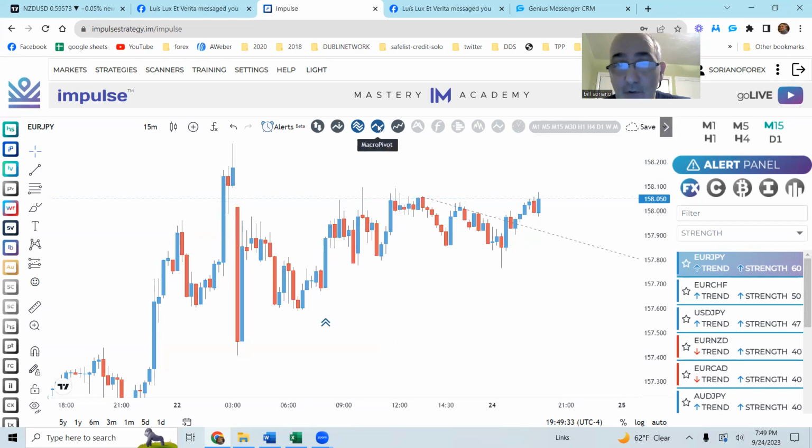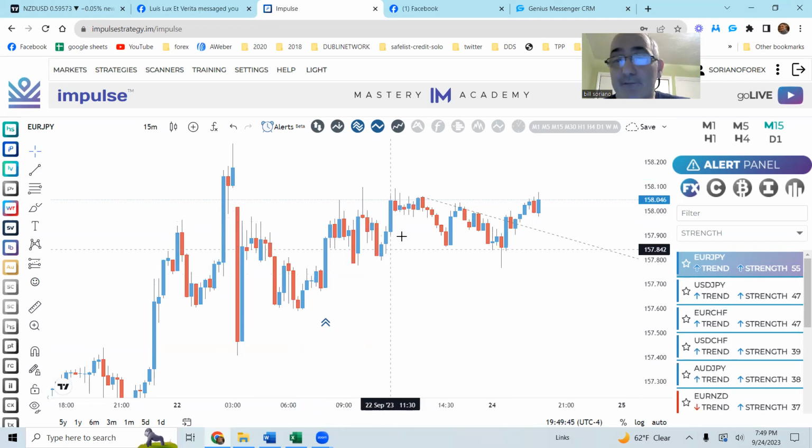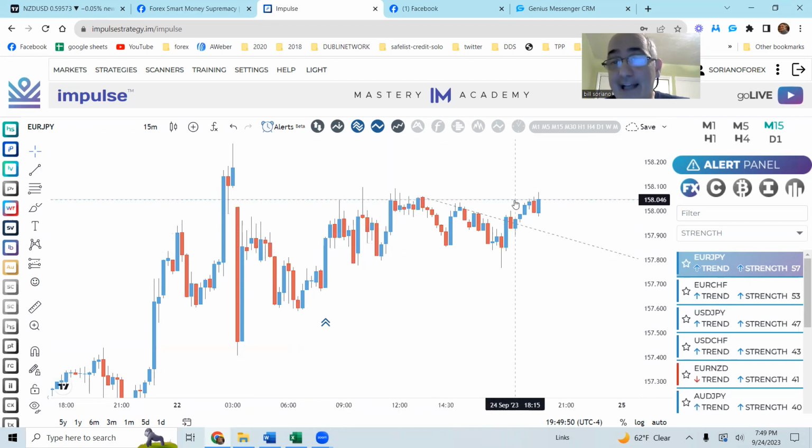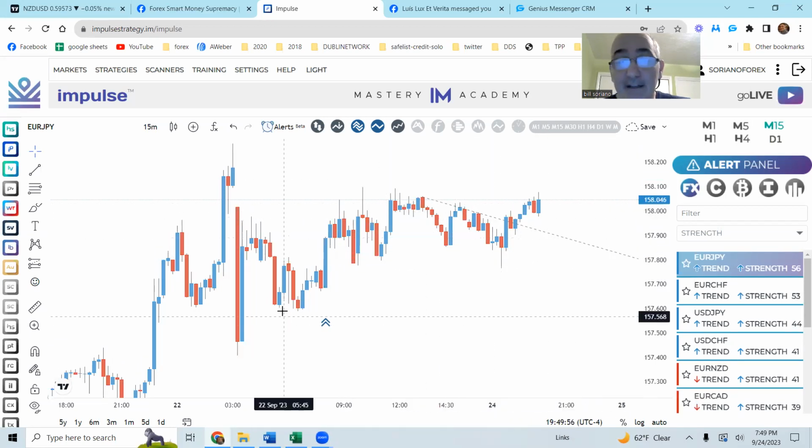Now you can see this little macro, what this is called, it's called the macro trend. Okay, and so that's telling us that there's now a strong possibility that this is going to move up. So we want to wait for a pullback to occur and then wait for a break of the trend line on that pullback. And that's when we want to get in the trade. Like I said, it will actually draw this trend line for you in real time if this indicator has just gone off recently, right?